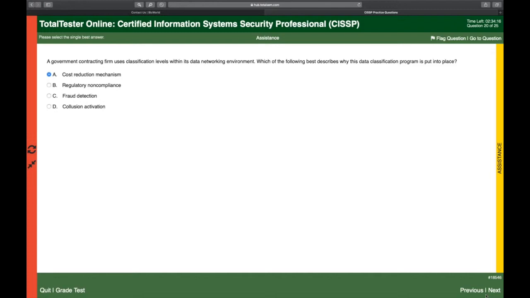So, can you explain what data networking environment is? Because I know data classification, but how do you apply classification to a data networking environment? I'm not sure. I have no idea what they mean about that. Yeah, data networking environment.